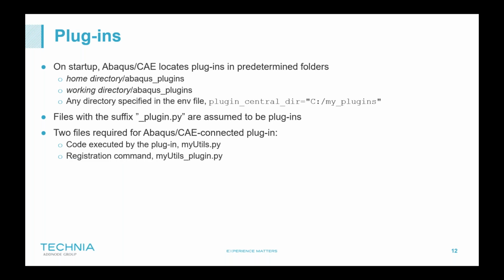Instead, it contains a command that adds the GUI connection into Abaqus CAE. So this is what will have the suffix _plugin.py, and it's recommended that the prefix of the registration file should be the same as the actual file that contains the code to be executed.